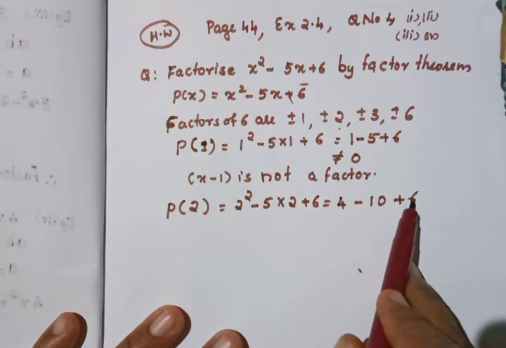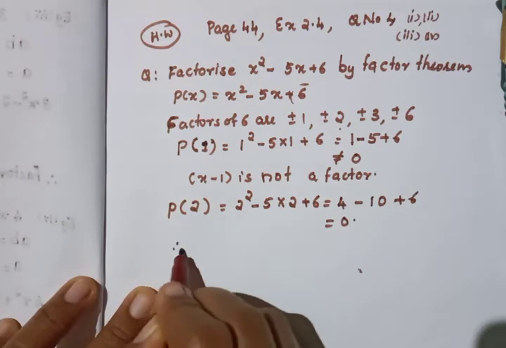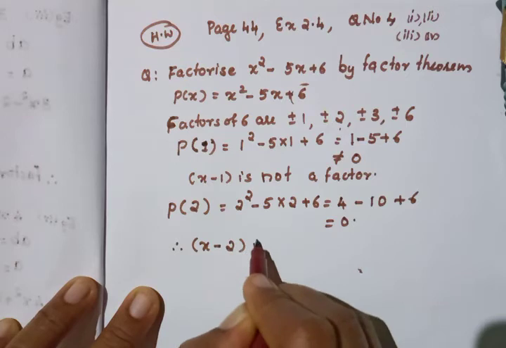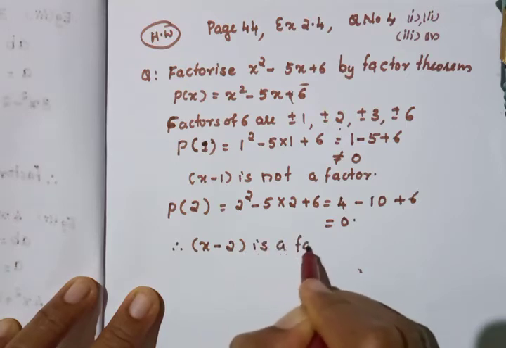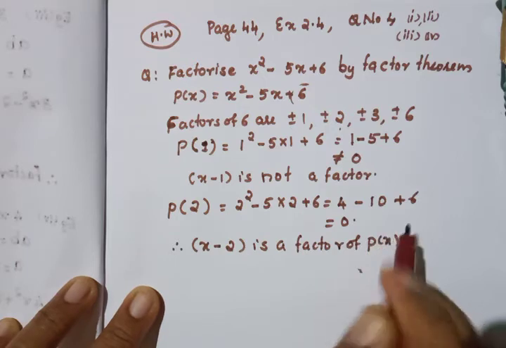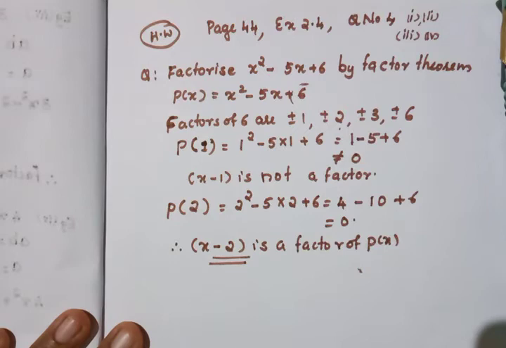What is 4 plus 6? 10. 10 minus 10 is 0. Correct. Therefore x minus 2 is a factor of p of x. Clear?